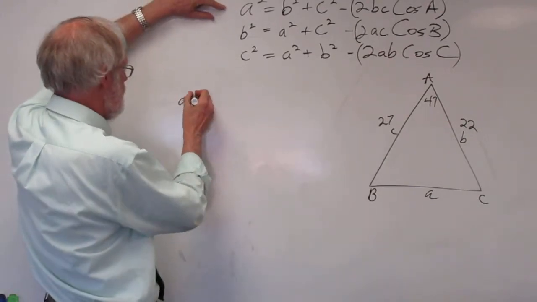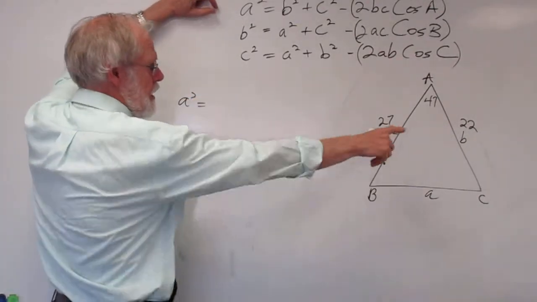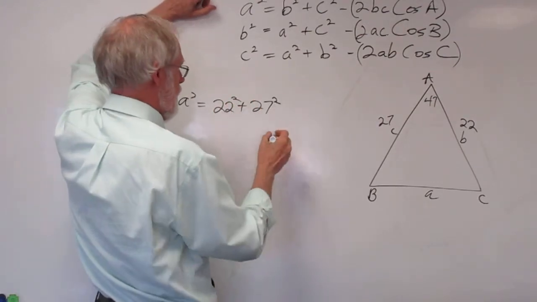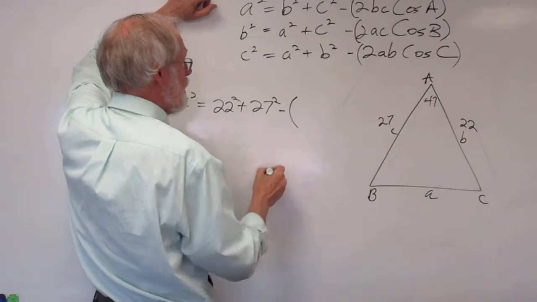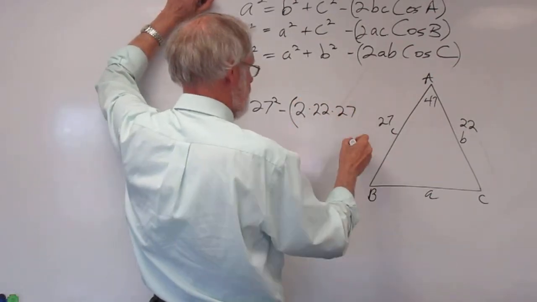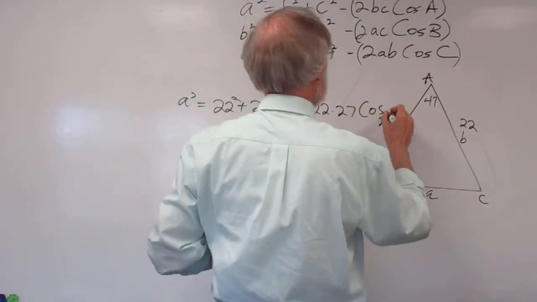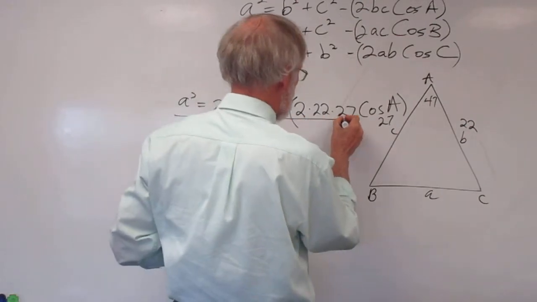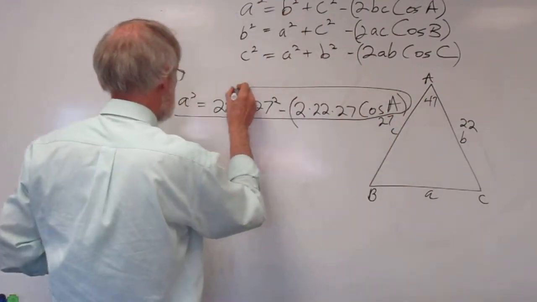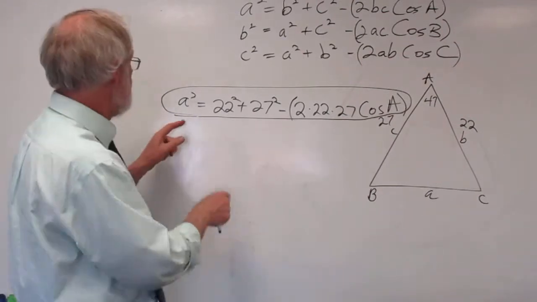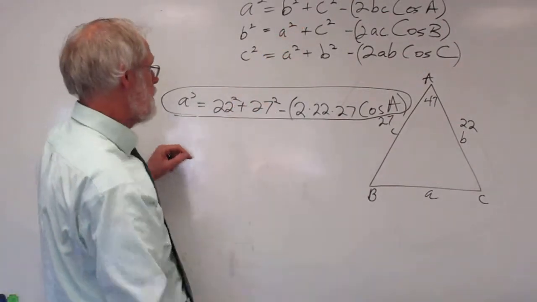So a squared is equal to 22 squared plus 27 squared minus, parentheses, 2 times 22 times 27 cosine of angle A. I'm going to circle that so you can see it. Again, I plugged in numbers, that's really all I did.